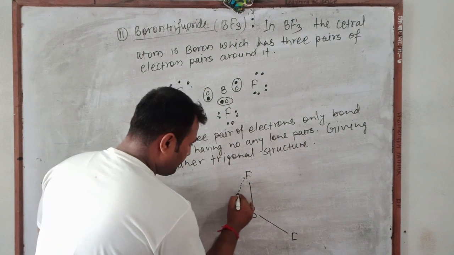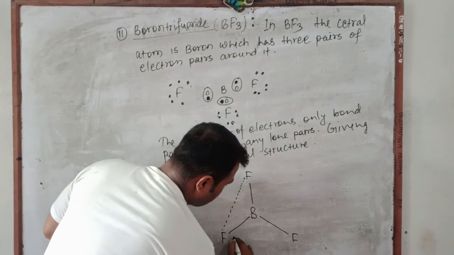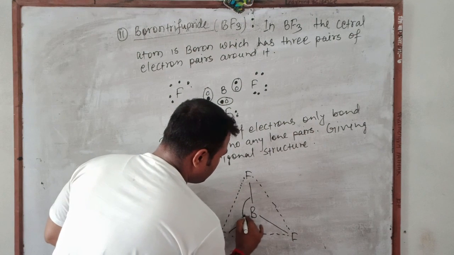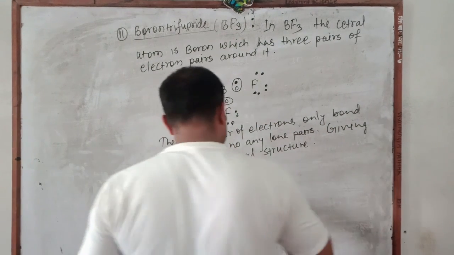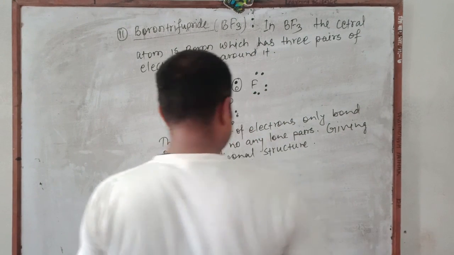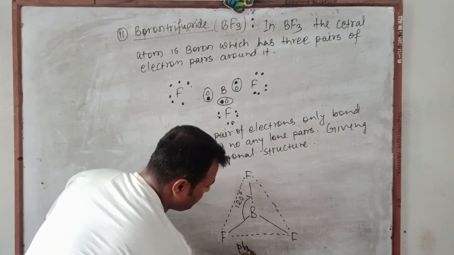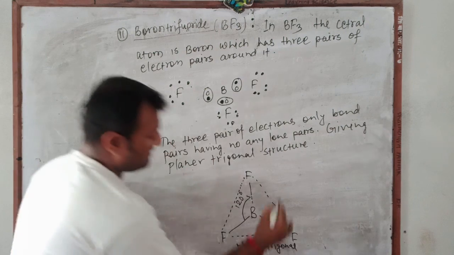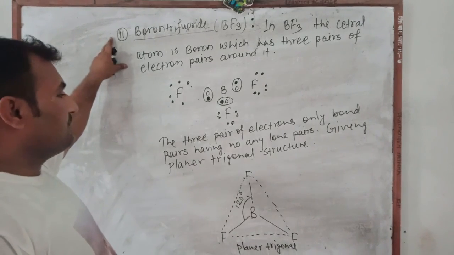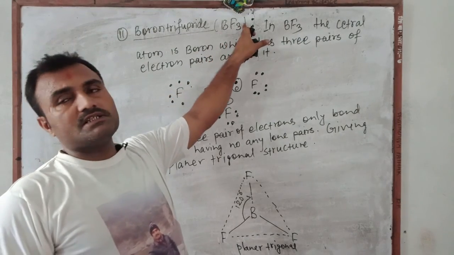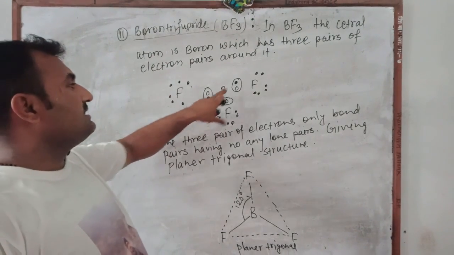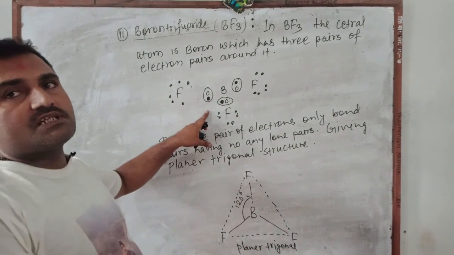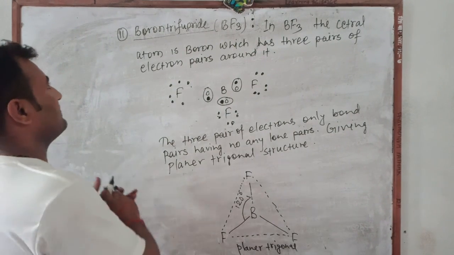Here it gives geometry like trigonal in shape, in which each angle is about 120 degrees. It is called planar trigonal. And in this way, VSEPR theory helped to explain the structure of boron trifluoride. In that only 3 pairs of electrons are there, and already we discussed that it has planar trigonal structure.